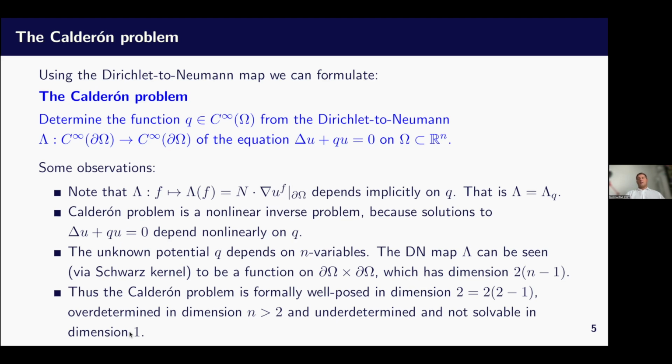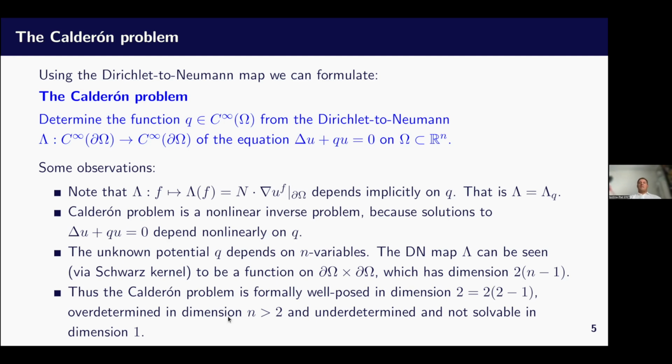In dimension 1, you cannot get much information about q from the DN map. Well posed is like the optimal case where you can expect to solve this problem, and overdetermined should be easier. In practice, it doesn't seem to be the case, but philosophically speaking, it's like that.